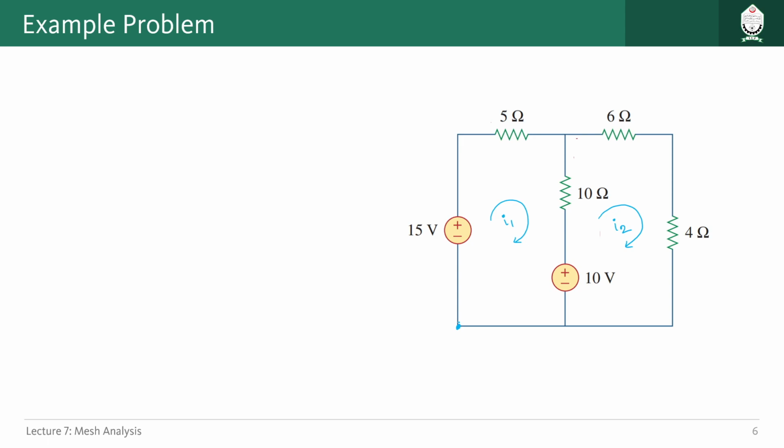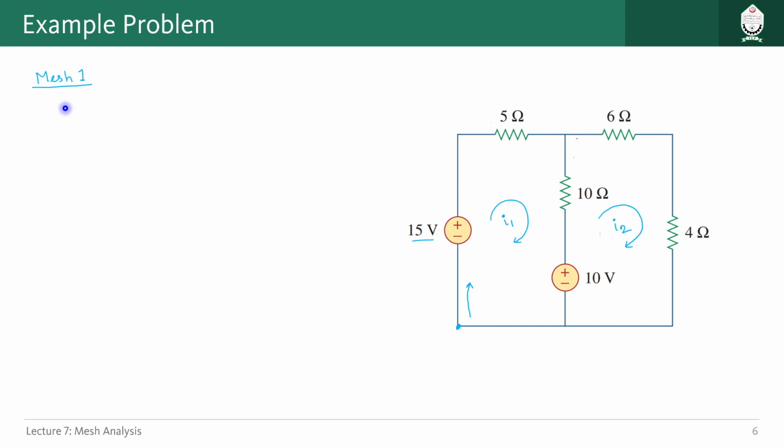For mesh 1, let us calculate KVL starting from here and going in the clockwise direction, the same as I1. We are taking the same direction as I1, and first we encounter this 15 volt voltage source.